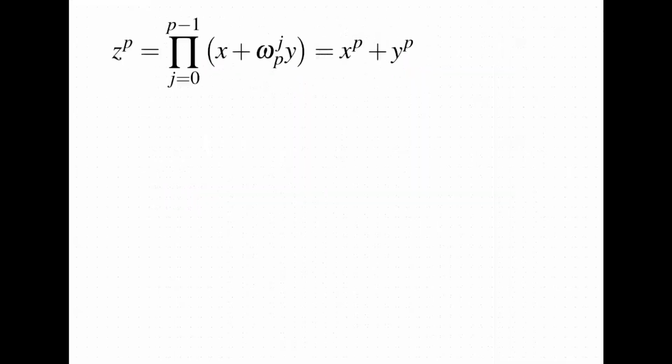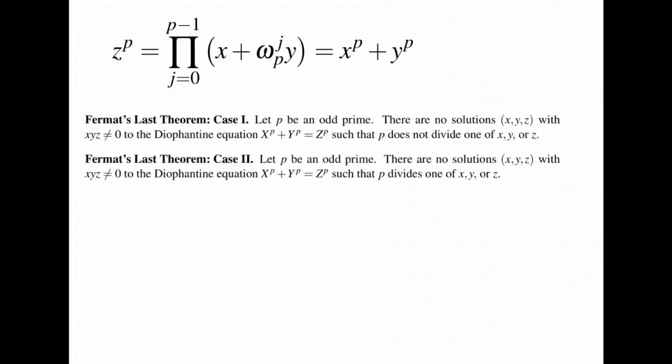She realized that if we focus on the expansion that we had been looking at previously, the proof that Euler had done in the n equals 3 case could be expanded into a general program. She was able to see from the proof that Euler had done that Fermat's last theorem should be broken into 2 cases. And these were the 2 cases that she deduced. Case 1, let p be an odd prime.